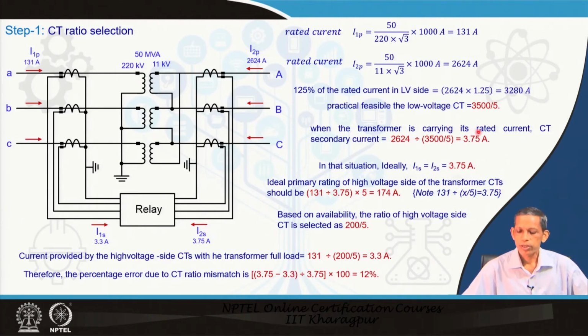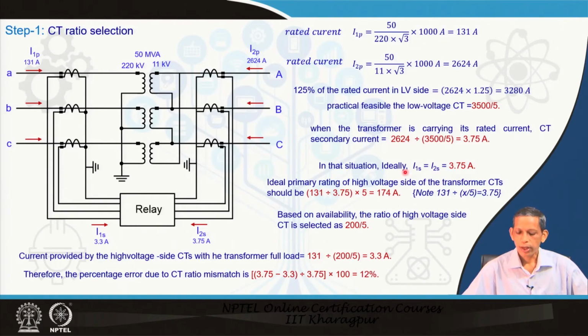Now, when this transformer is carrying its rated current, the full load current, the CT secondary current equals the full load current divided by the CT ratio, which becomes 3.75 ampere. So, this is the current flowing in the CT when the CT is finalized to be 3500:5.